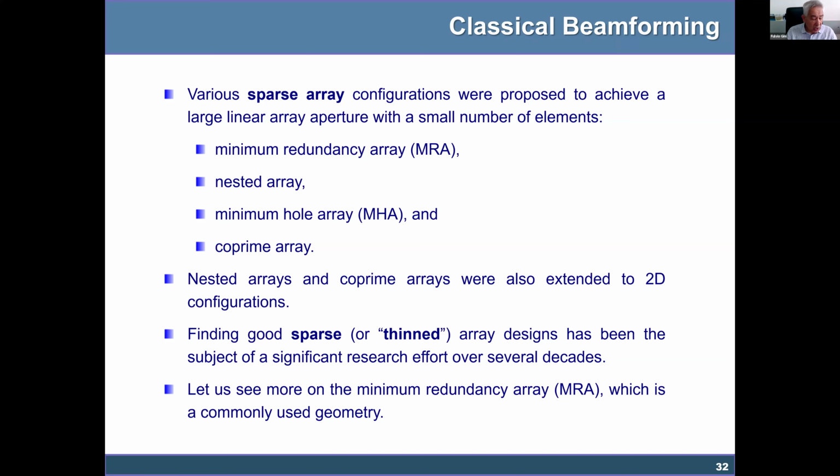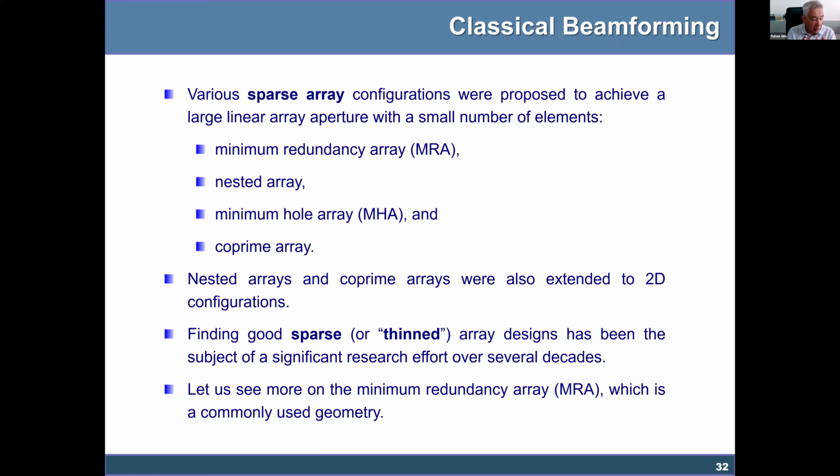So we have understood that if we use a ULA, a uniform linear array, it has a clear advantage in terms of computational complexity because it allows us to use the fast Fourier transform, which is efficient.